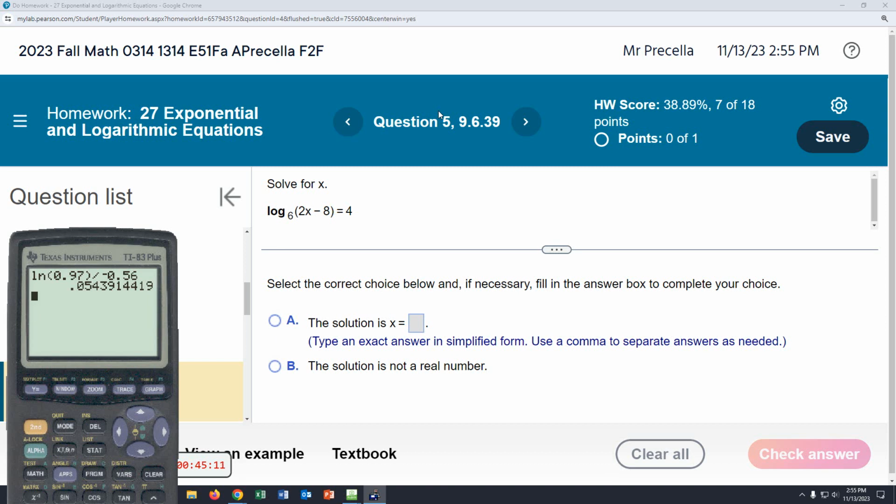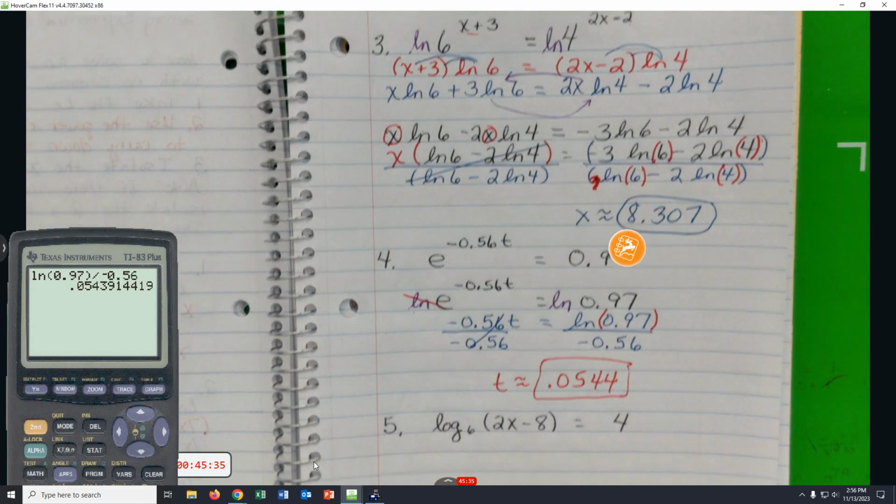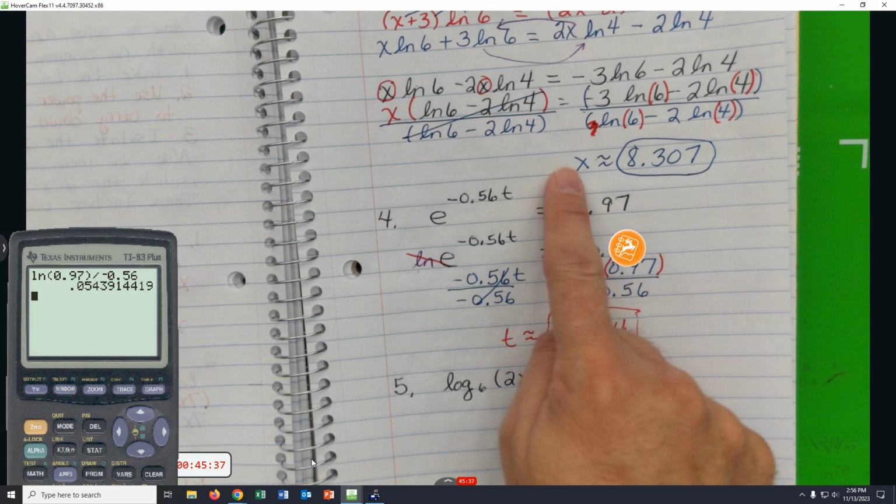Log base 6 of 2x minus 8 equals 4. Well, when you're solving an equation, you ultimately want x equals, or whatever the variable is, you want that variable by itself. Right here we had t equals, x equals.